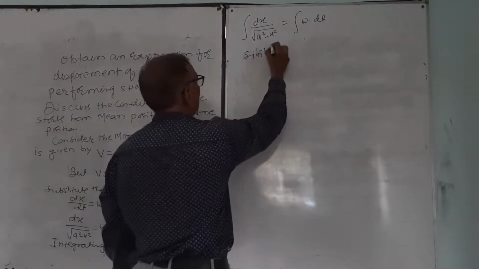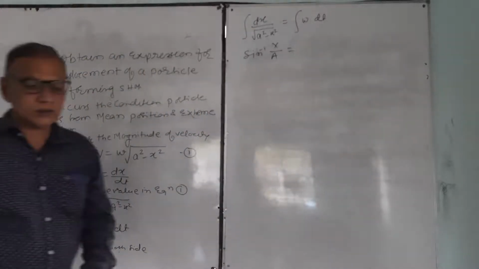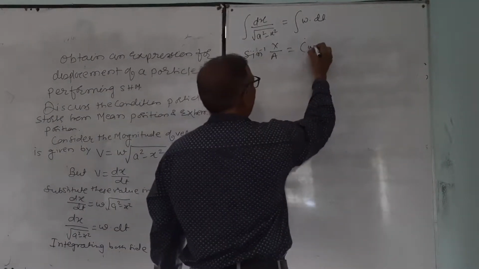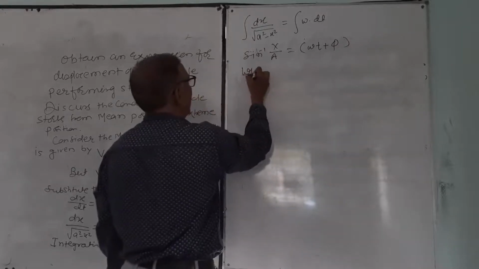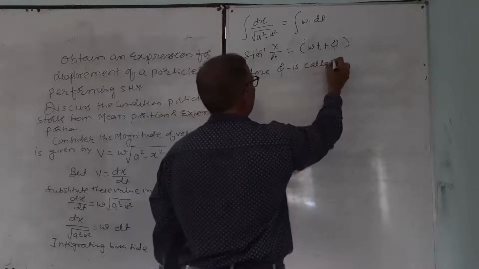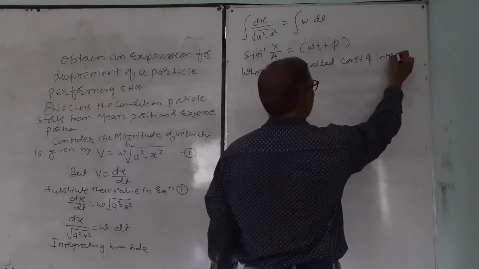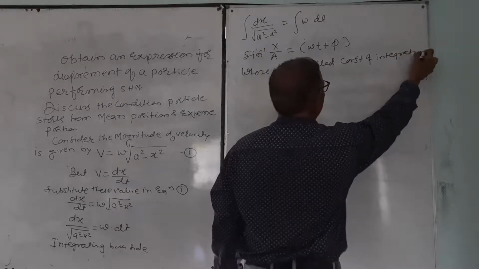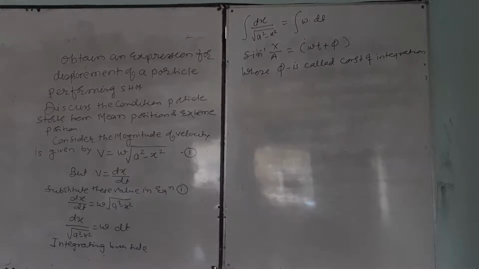Sine inverse x upon a is equal to omega t plus phi, where phi is called the constant of integration.